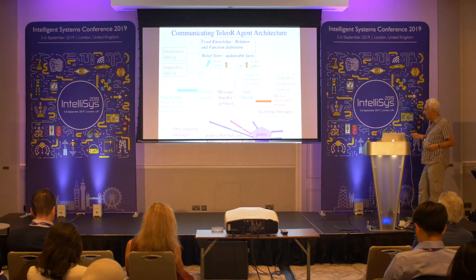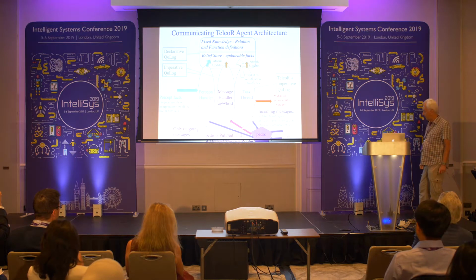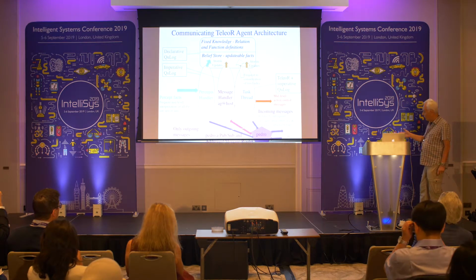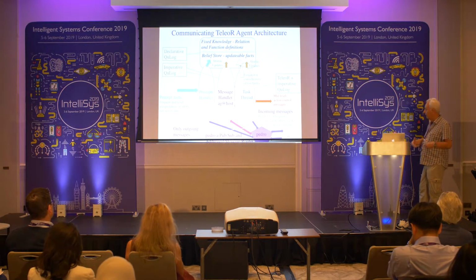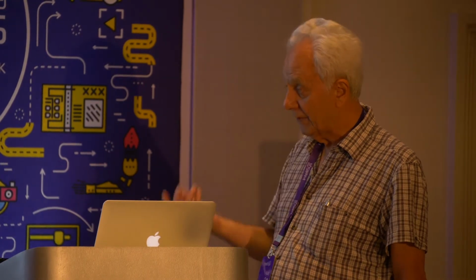So you can address other controlling agents using something like an email address, ag at host, or you can just publish information. And if other agents have done a subscription that covers that published bit of information, represented as a logic fact, then it will automatically go to that agent. Okay, it's a standard sort of thing. And that combination of publish-subscribe and address messaging is very powerful.